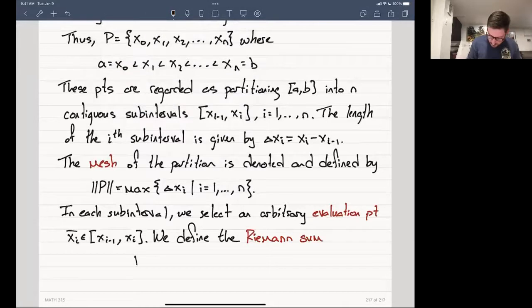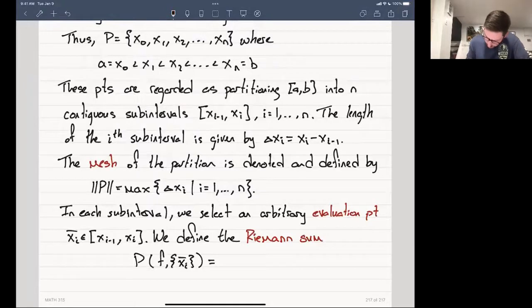Well, this is, so P, F, given the evaluation points. So all of your information is there. F is your function. You have your set of evaluation points. P is your mesh. So this is just one big piece that tells you this is a Riemann sum.